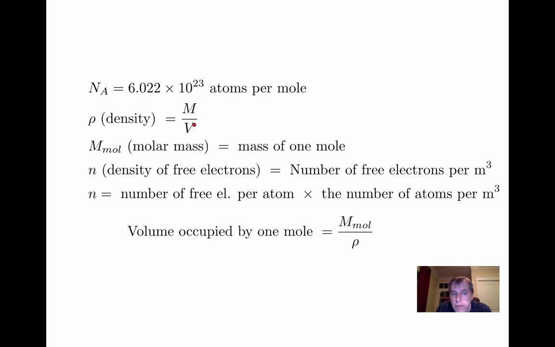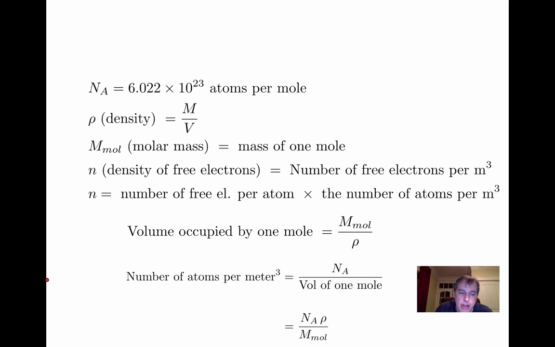You want the volume, and from this equation here, the volume is a mass divided by a density. So if you want the volume occupied by 1 mole, you take the mass of 1 mole and you divide by the density. That gives you the volume occupied by 1 mole, by definition. Okay, so this is a special case of this equation here when you just use the mass of 1 mole. Therefore, you get the volume of 1 mole.